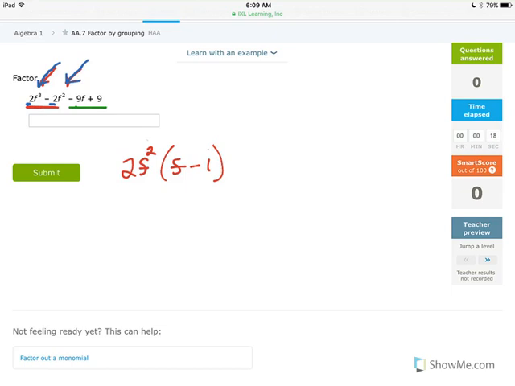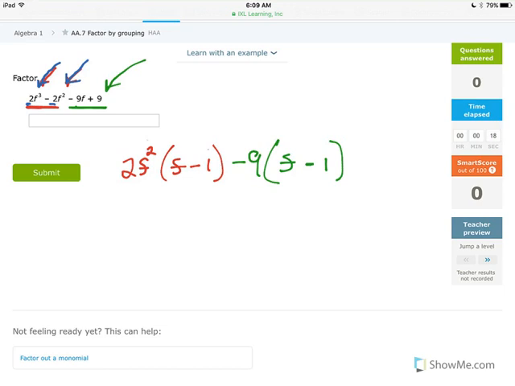So let's just factor off a negative 9. And if we do, what's going to be left behind? It's going to have to be an f here, so we get negative 9 times f is negative 9f. And then we're going to need a negative 1 here, because negative 9 times a negative 1 makes the positive 9 on the end.